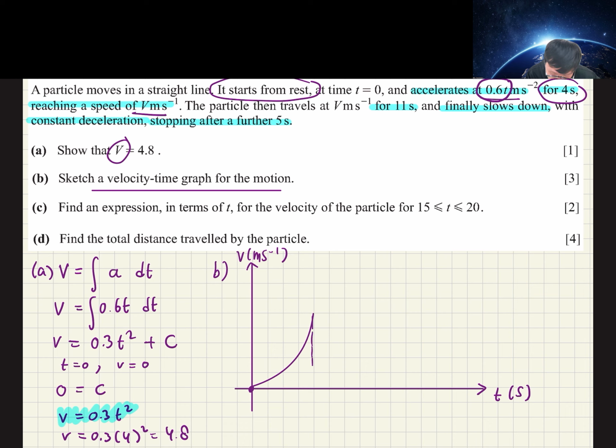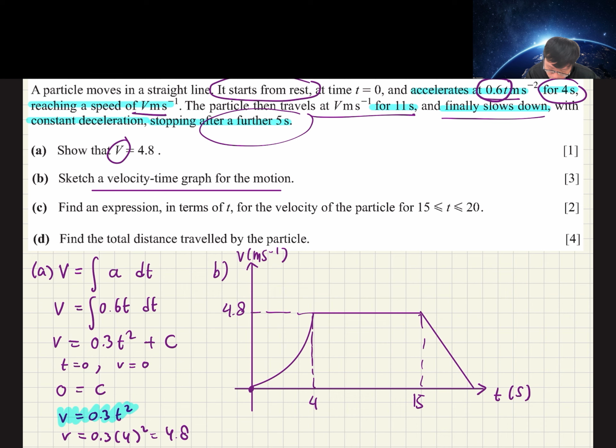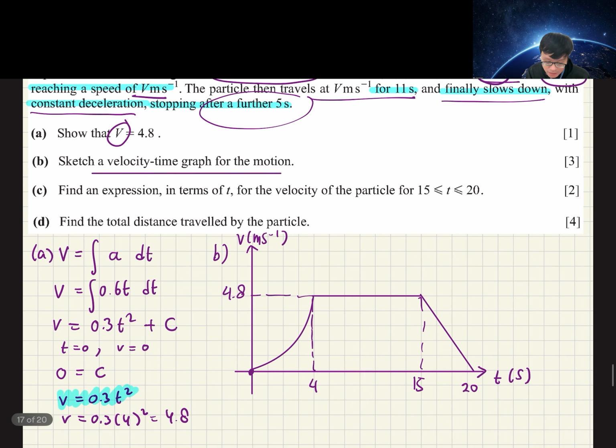Okay, so when the time is 4, the velocity is 4.8. And then it maintains its speed for 11 seconds. So from 4 to 15, within 11 seconds, it maintains its speed and then slows down until a further 5 seconds. So until 20, it will stop. Constant deceleration means that it's a straight line going down. So that's the graph.